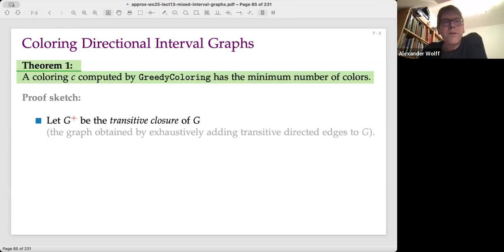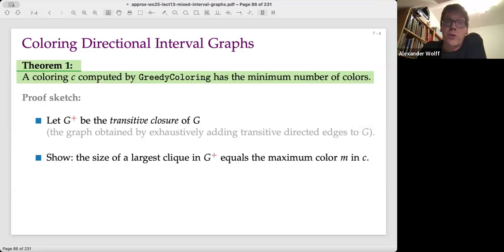Let me define the transitive closure of my graph, which is the graph that you get if you add for each pair of consecutive directed edges a new directed edge.